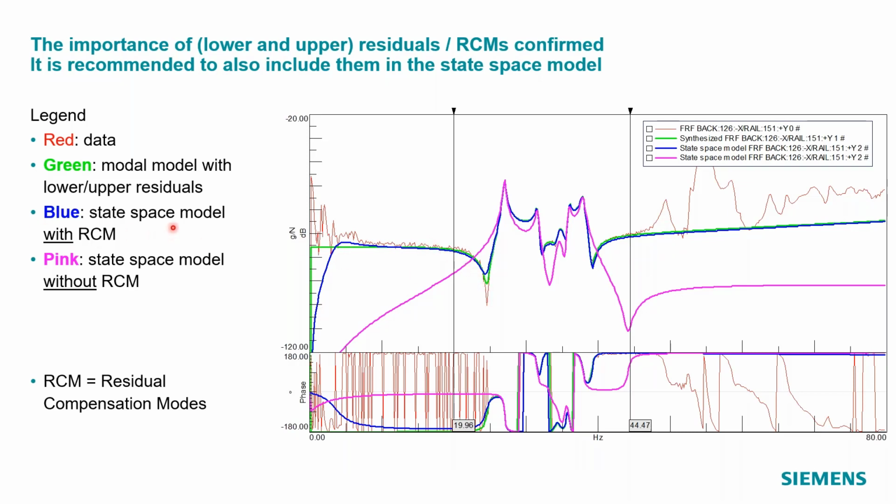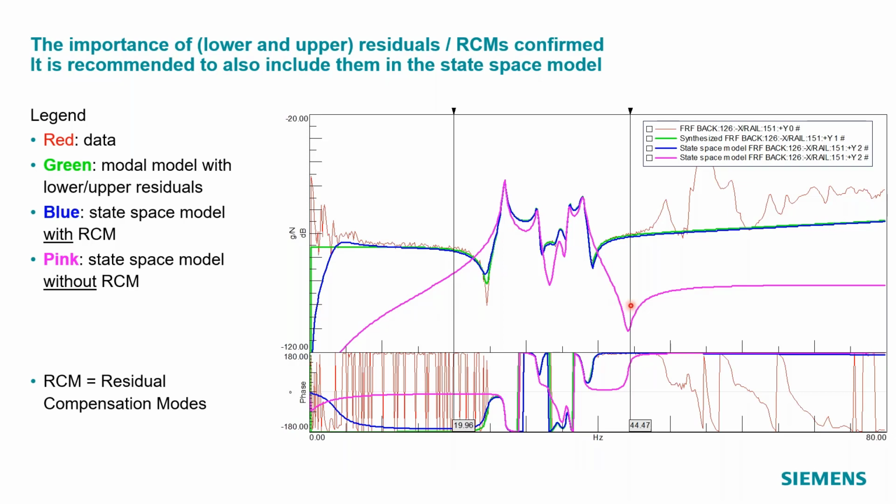With the state space model, we cannot just take the green synthesized FRFs. We need to change a bit the lower and upper residual formulation. And you see here a mode appearing, a kind of a highly damped mode at lower frequency. There is also a mode at higher frequencies. But overall, the blue curve and the green are closely matching each other, especially in the frequency band of interest.